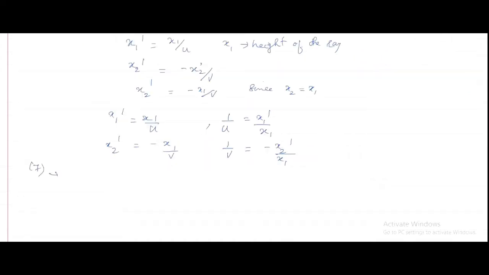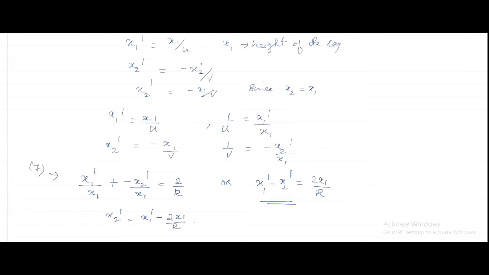Then equation 7 becomes x1 dash by x1 plus (minus x2 dash by x1) equals 2 by r, or we can write x1 dash minus x2 dash equals 2x1 by r. Right? Or from this we can write x2 dash equals x1 dash minus 2x1 by r. Let this be equation number 8. Equations 6 and 8 can be written using matrix form for reflection.